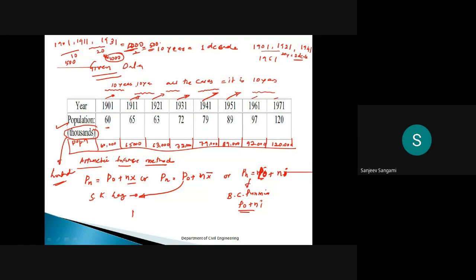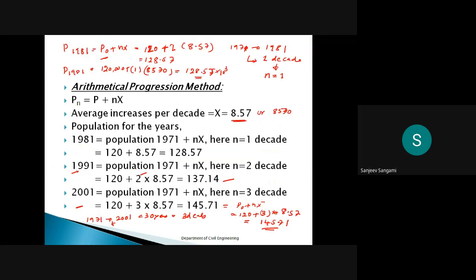So it is better to write the end values in terms of thousands like this: 1,28,570, 1,37,140, 1,45,710.